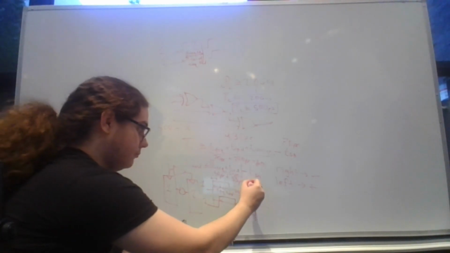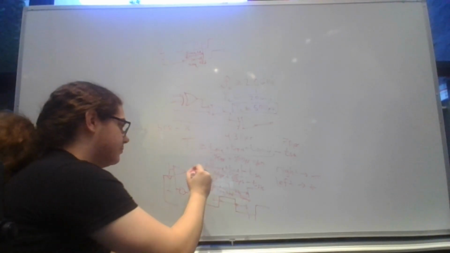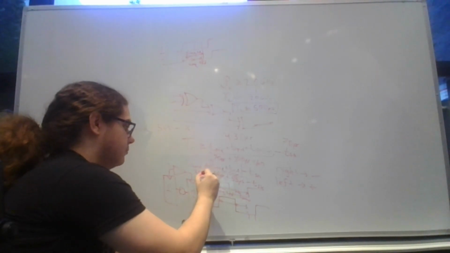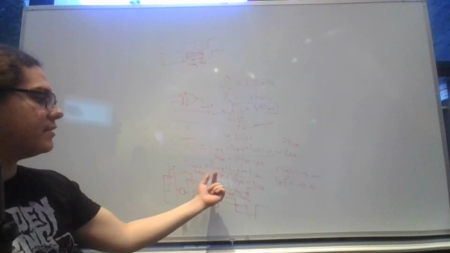So that'd be 105 in total. Our hold time is given as 20 picoseconds, so 20 has to be less than 105 minus the skew. So what can the biggest skew be for this to still be true?